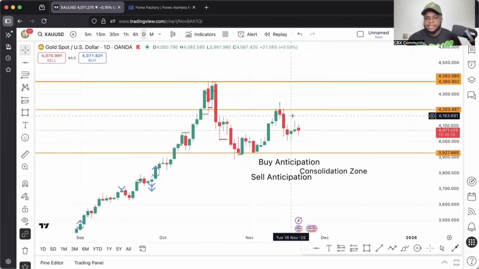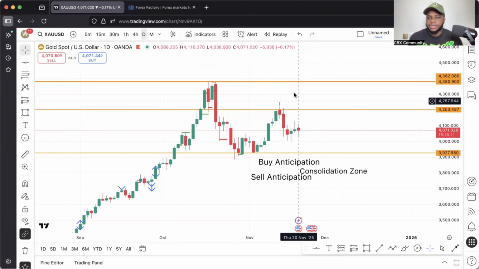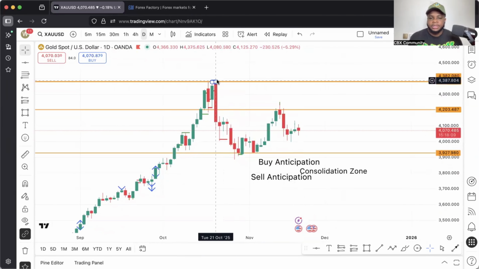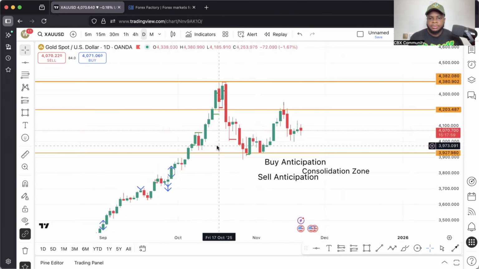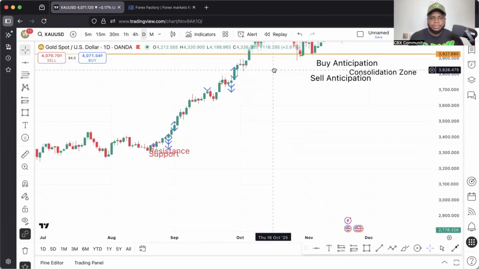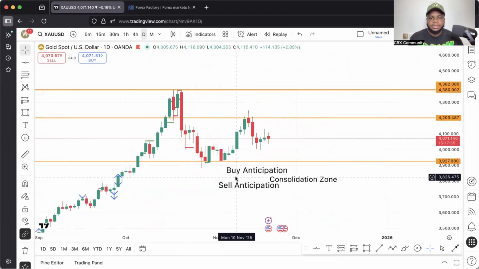That means we are anticipating a candle should break this resistance zone for the next candle to keep going up to this resistance zone over here. So the market structure is just consolidating. Nothing serious is happening.